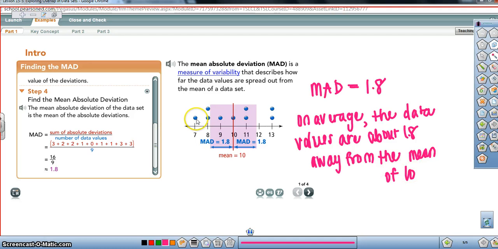So even though 7 is 3 away from the mean of 10, and 13 is 3 away, and 11 is 1 away, and 8 is 2 away, and the one here on 10 is 0 away from the mean, we are given an average, a mean about how far away all the points are from the mean of the data.